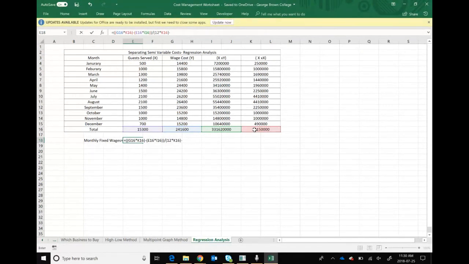Minus x squared itself, or the sum of x squared itself. Did I get that closed right? Sorry, just put another bracket in here because if we don't do the brackets, okay. So once we've put in that equation, we hit OK, and our monthly fixed wages in this case are $1,139.56.